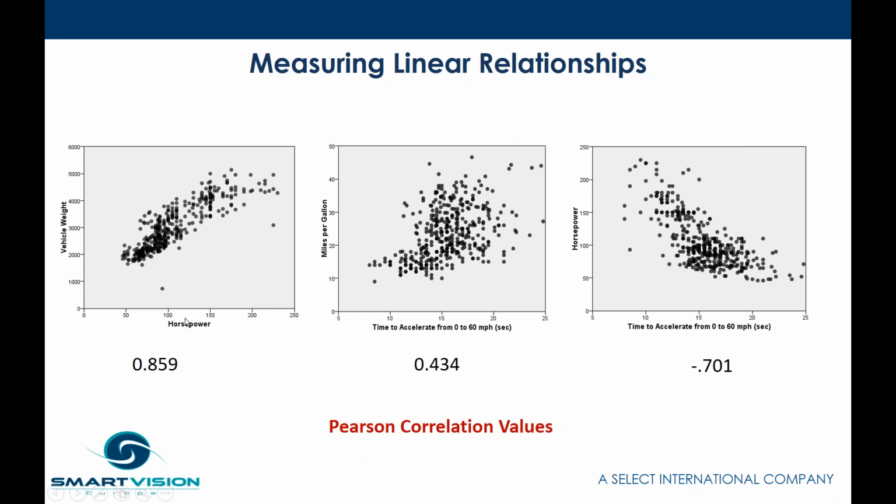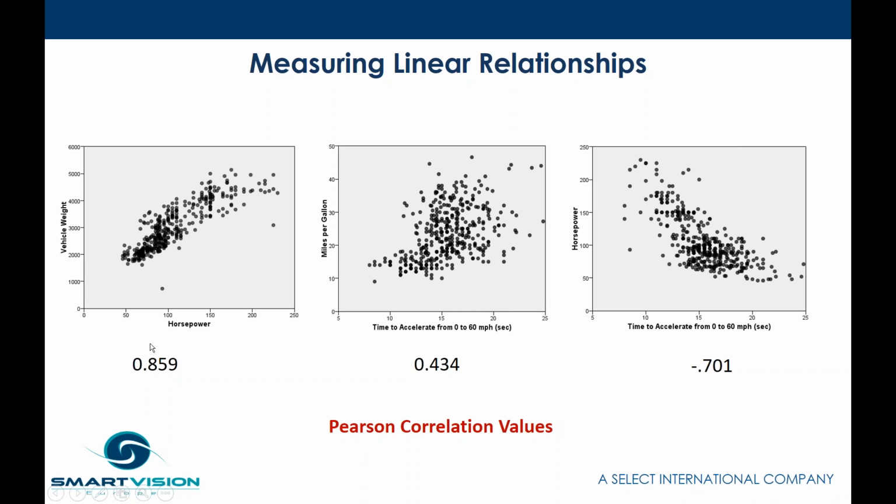Here we have two values that are related to each other: the horsepower of the vehicle and the vehicle weight. We can see that there are a few isolated cases where the vehicle is much lighter than we would expect given its horsepower. So maybe it's some sort of sports car, a beach buggy or something like that. But we can summarize the strength of this relationship using what's called a correlation coefficient or correlation value.